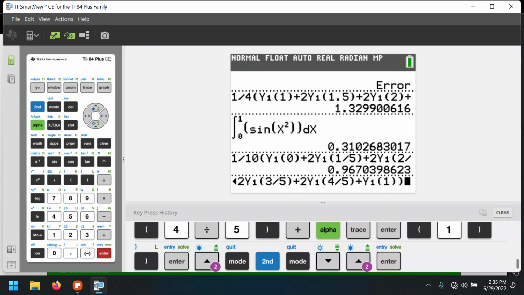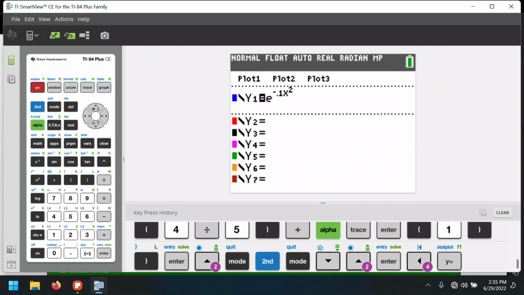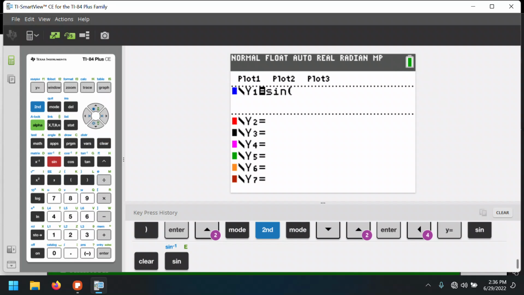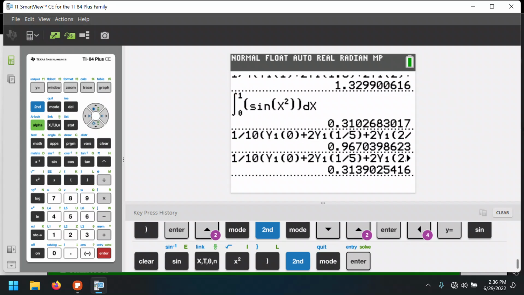Oh, I don't think I did. Yes, I didn't change the function. Okay, let me change it. That explains a lot. So that's supposed to be sine. Okay, clear. Sine x squared. Second quit. And perfect. There it is.